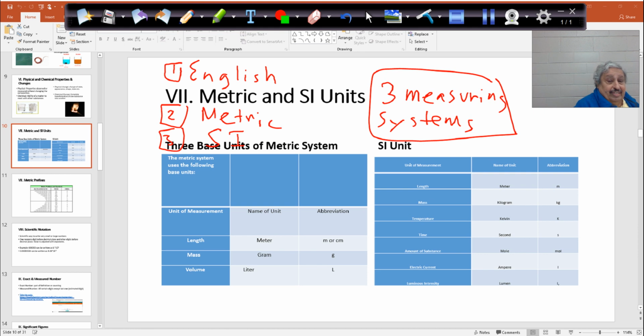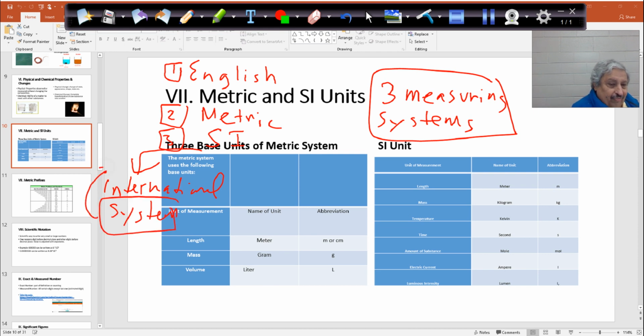So this is system, international system. If I translate it from French, this is international system, but French brings the noun first, and then the adjective at the end.